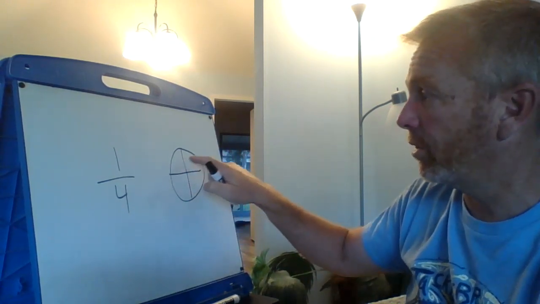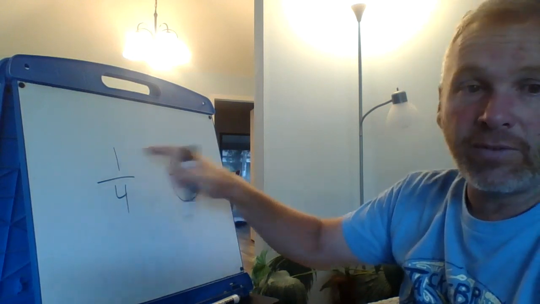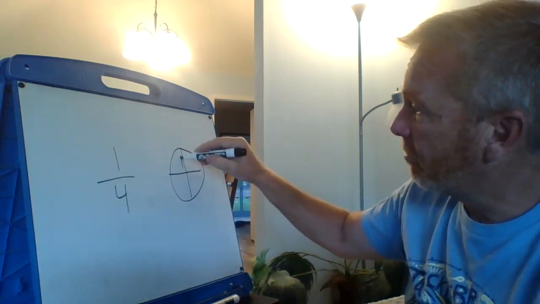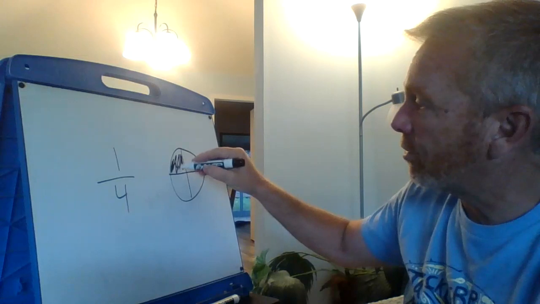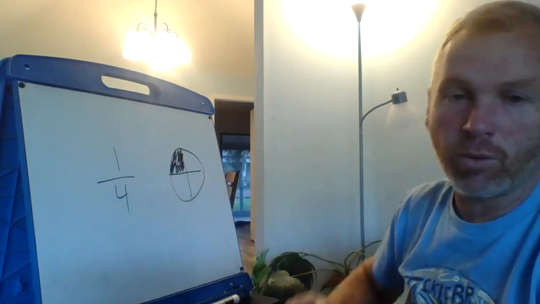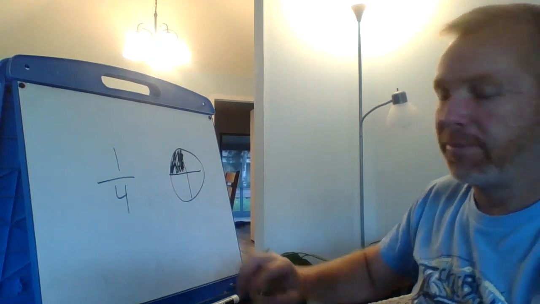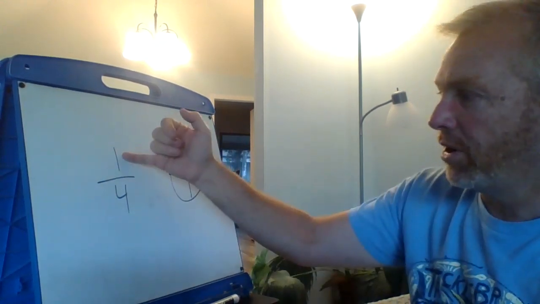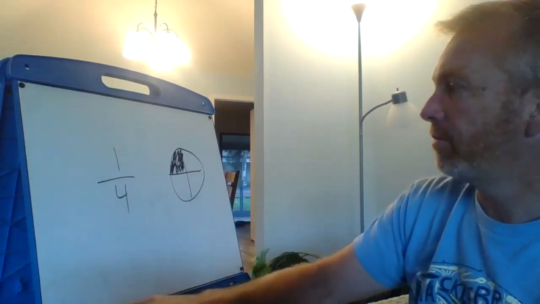It's cut into 4. 1, 2, 3, 4. And the numerator is how many that we have or that we're taking or that we're using. So 1 out of 4. So just a little recap there. Y'all know that. But remember, numerator, denominator.